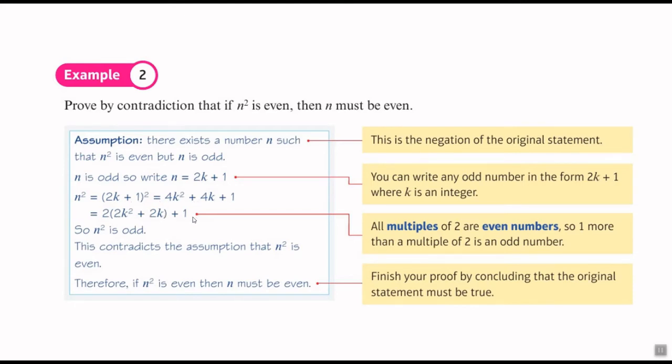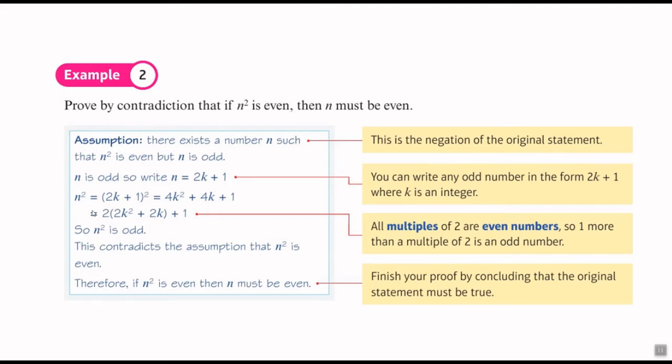An even number plus 1 is an odd number, since 1 more than a multiple of 2 is odd. Since k is an integer, 2k squared plus 2k is also an integer. An integer multiplied by 2 gives an even number, and an even number plus 1 again gives an odd number.